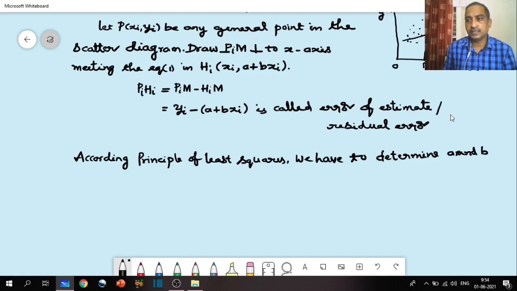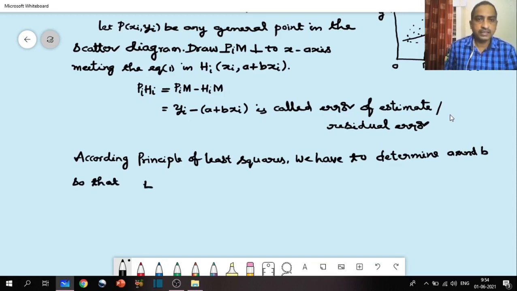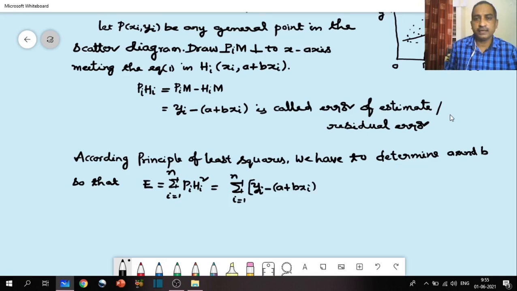To minimize, so that E, that is the error sum of squares or residual sum of squares, equals summation over i equals 1 to n P_i H_i square. So that equals summation i equals 1 to n of y_i minus (a plus b x_i), the square, is minimum.